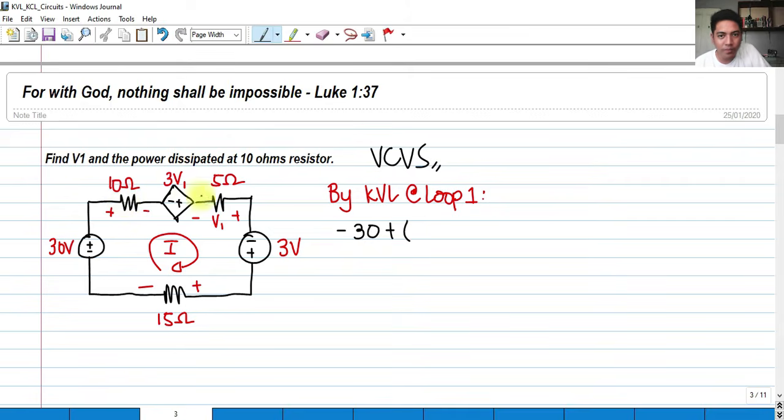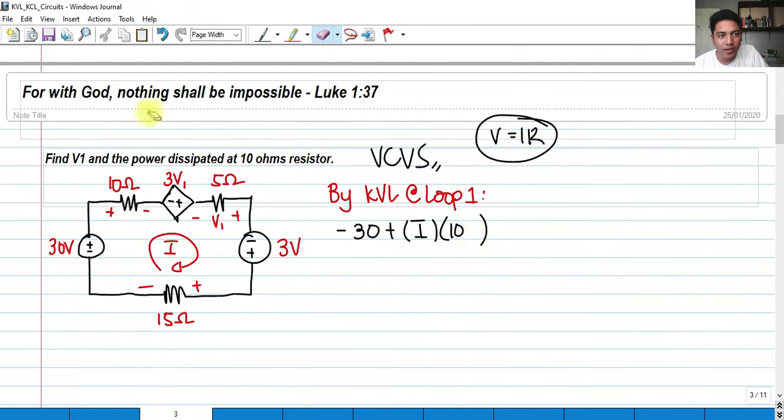So by using Ohm's law, V equals IR, the voltage drop is the current I, the same current that flows here, multiplied by the resistor, which is 10 ohms. So 10I, because 10 times the I is the voltage drop here.